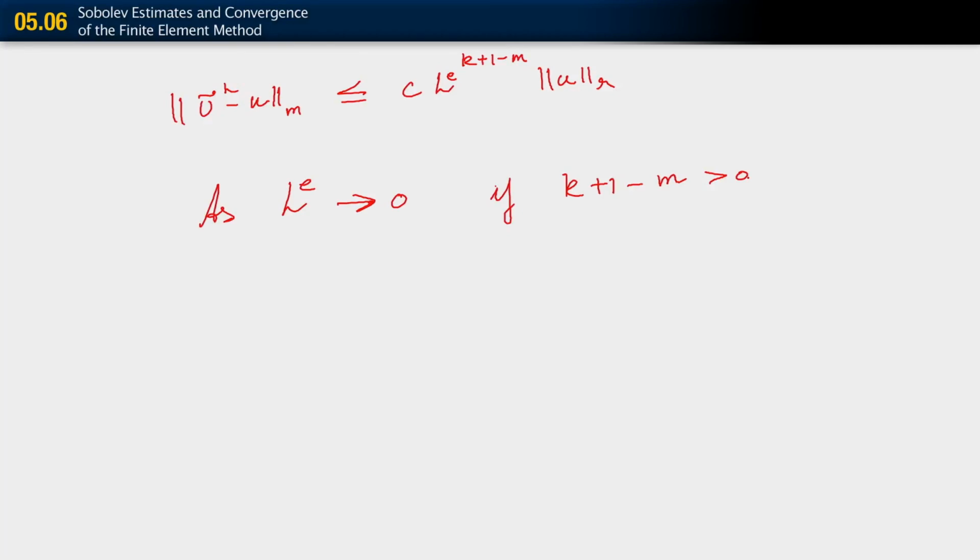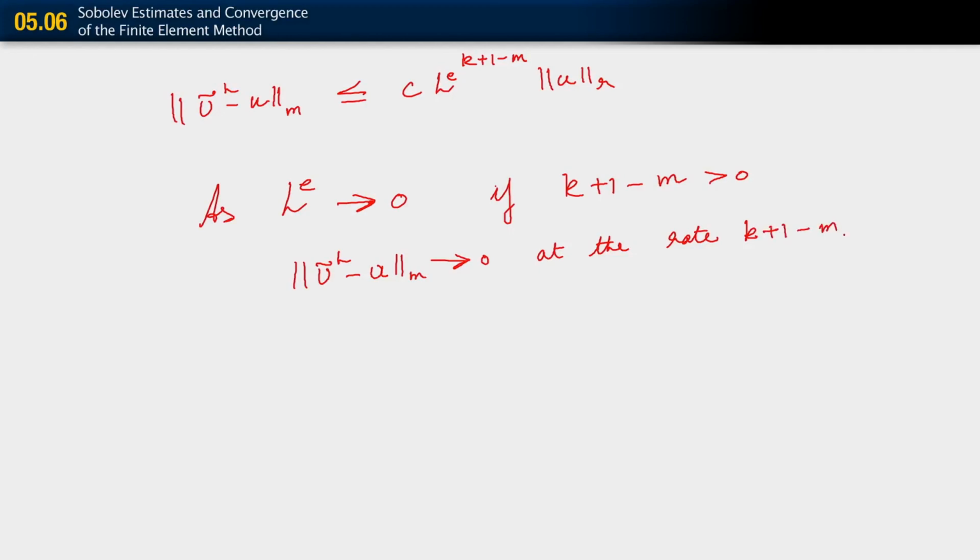It vanishes at the rate k plus 1 minus m. So it tells us that any m norm that we want to compute of the interpolation error also tends to 0 at the rate k plus 1 minus m.